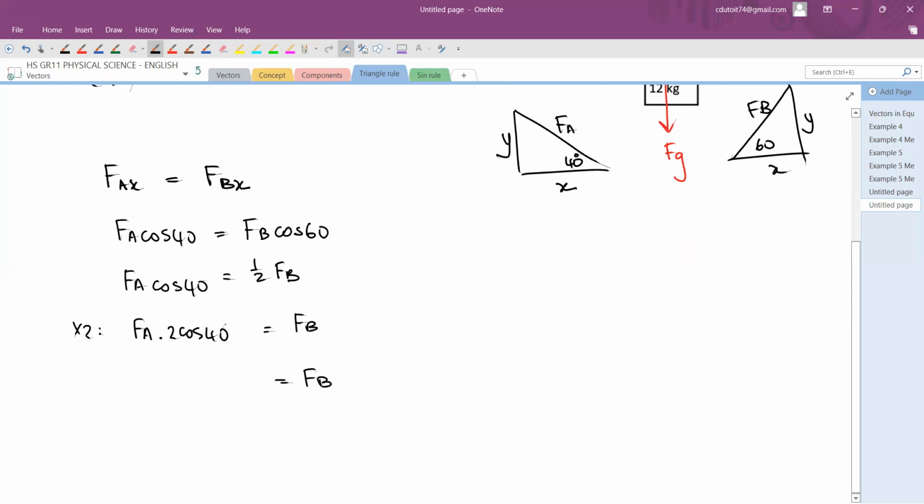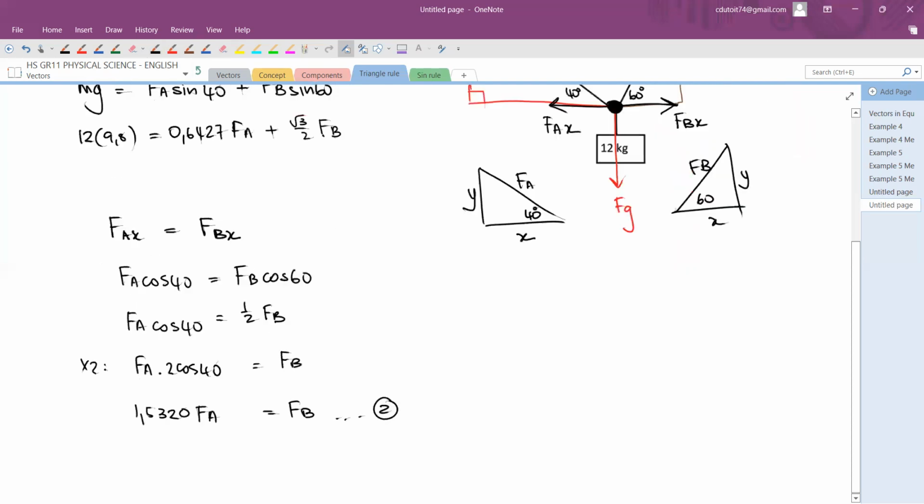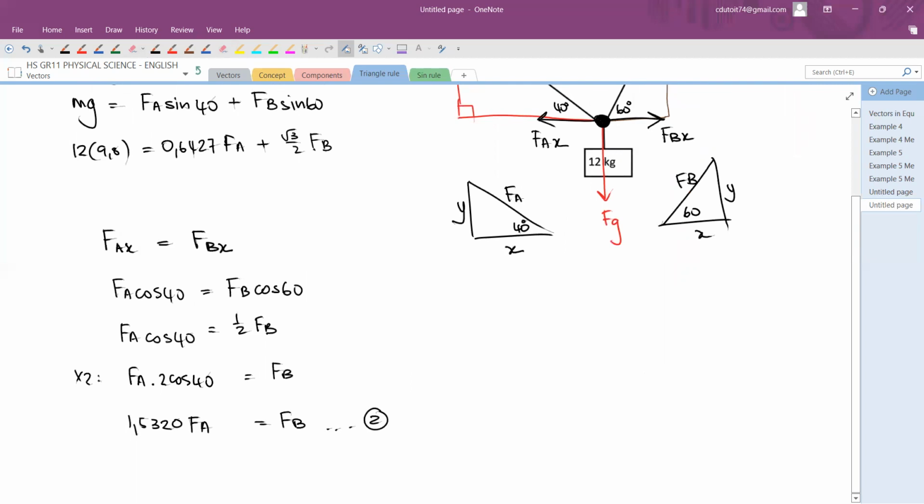So what is 2 cos 40? 2 cos 40 is 1.5320. 1.5320 FA. So there's my second equation. So now I've got FB in terms of FA, and I'm going to set 2 in 1.